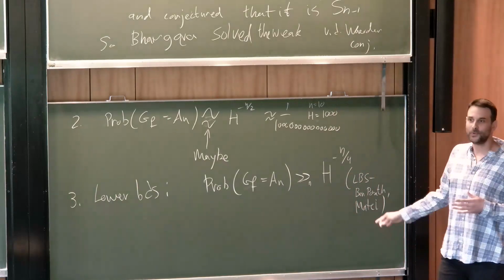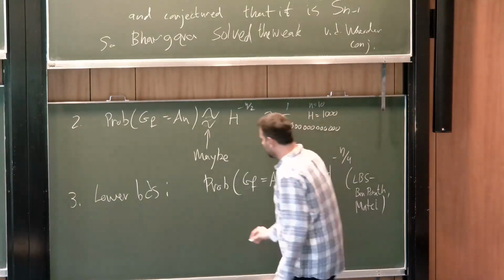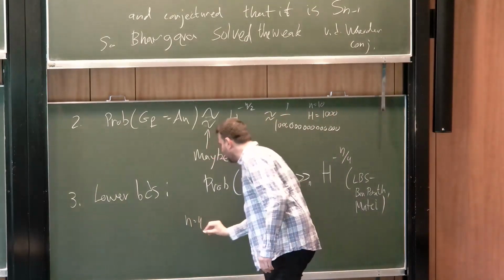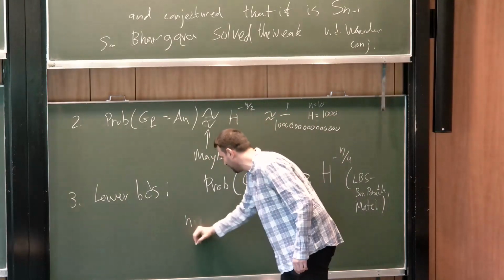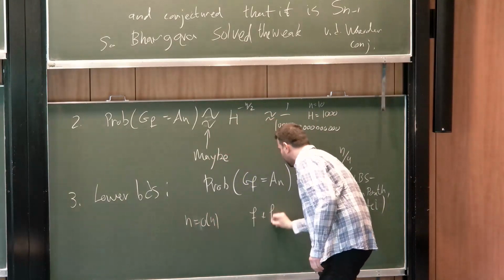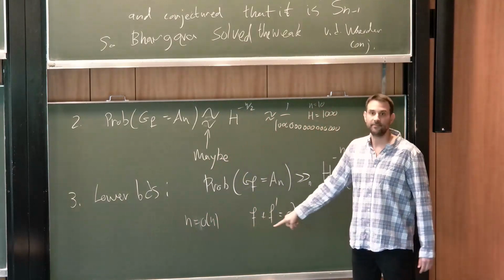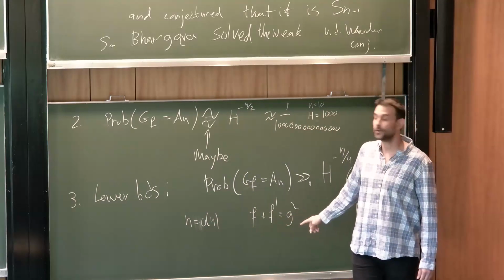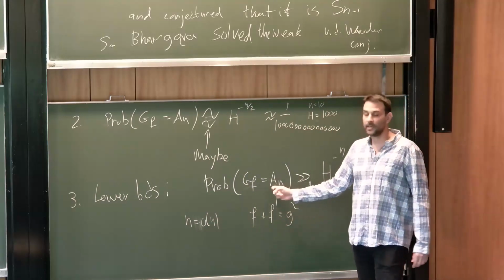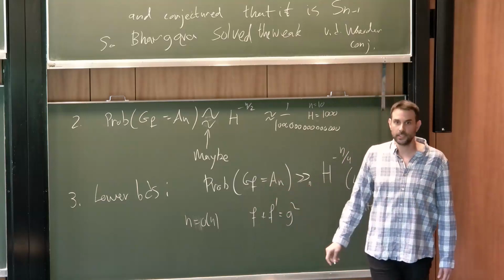The point is that we found a really nice symmetry of polynomials. Let's say n equals 0 mod 4. If you restrict yourself to polynomials f such that f plus f prime is a square, you can show that almost surely they will have Galois group inside A_n, and almost surely it will be A_n.